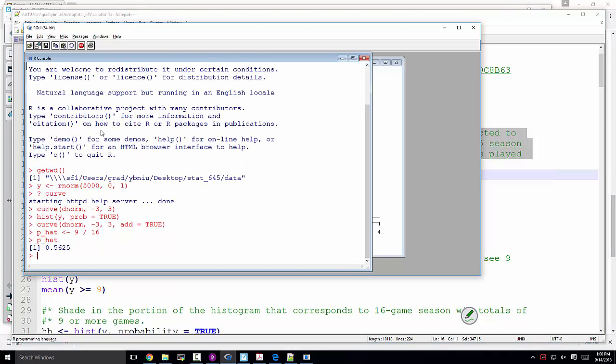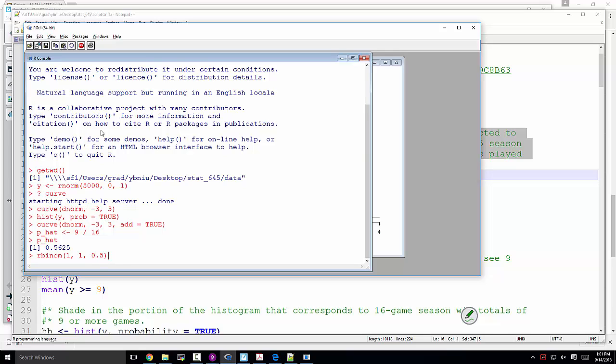Let me just do a couple of simulations here. Suppose we're going to flip a coin 10 times. I can flip a coin 1 time by doing, let's say, rbinom. Give me a randomly generated number from the binomial distribution. I want one number, and let's say 1 trial with probability 0.5.